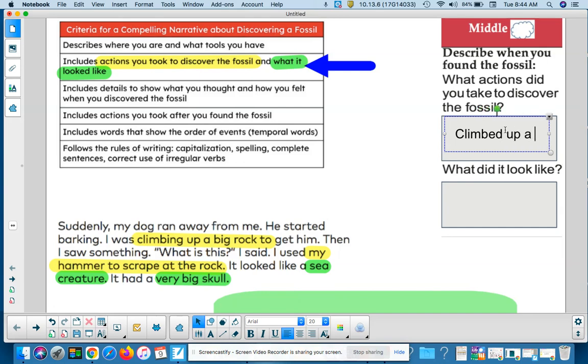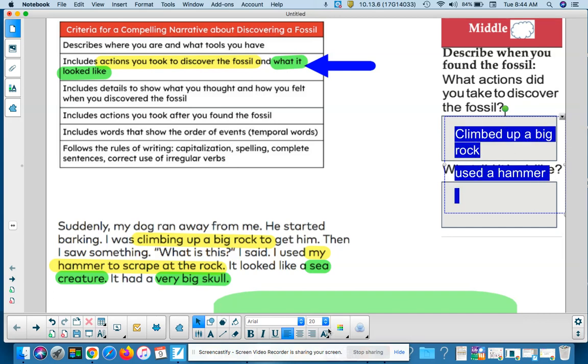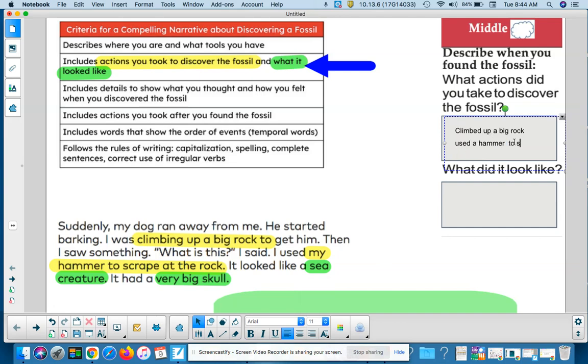Climbed up a big rock, and I know that she used a hammer. Used a hammer to scrape. Okay, that's my note for what actions did you take to discover the fossil.